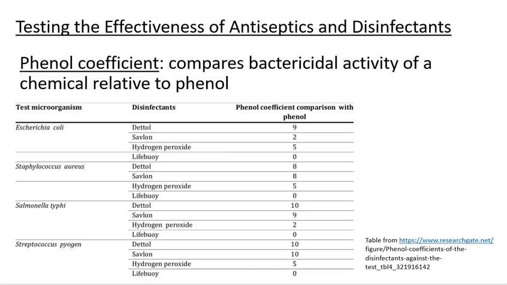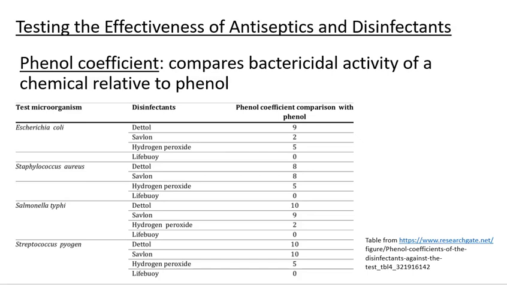And then you will calculate this as the highest dilution of the chemical that kills in 10 minutes compared to the same dilution that you would use for phenol. And so again, it seems like it's kind of arbitrary, but effectively what you're looking at is if your coefficient, or your ratio of this chemical to phenol, is greater than 1, then you know that your chemical is more effective than phenol.